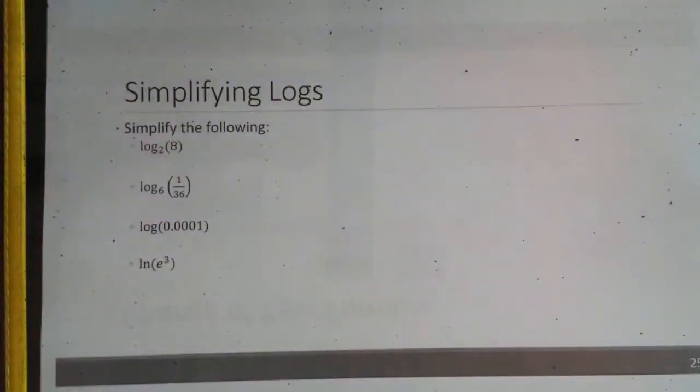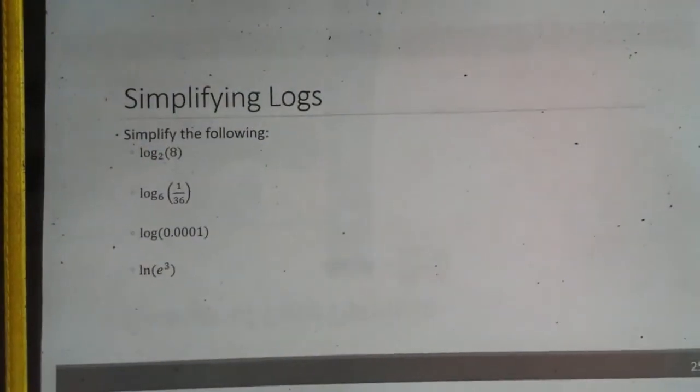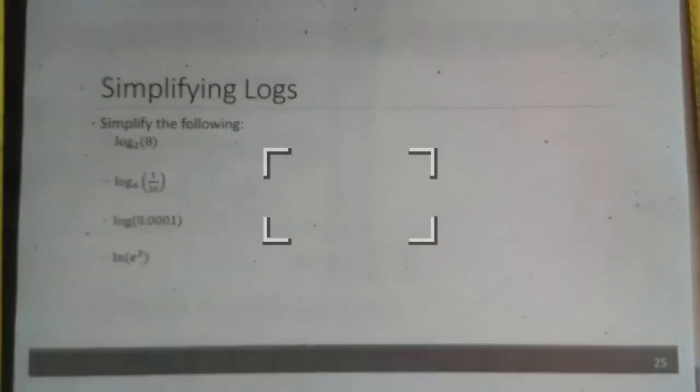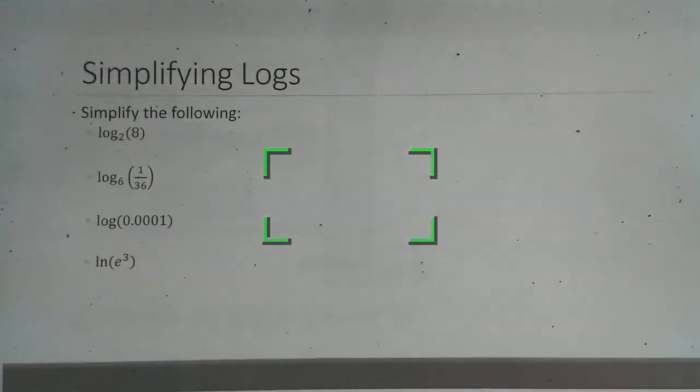So now that we've solved some logarithmic equations, we're going to see if we can simplify some logarithmic expressions. So first up, we're looking at log base 2 of 8. Well, my calculator doesn't have a log base 2 button, so I'm going to have to figure out another way to express this in a simpler way.